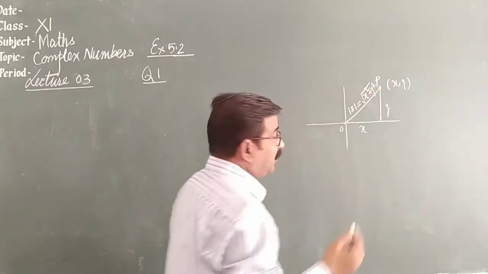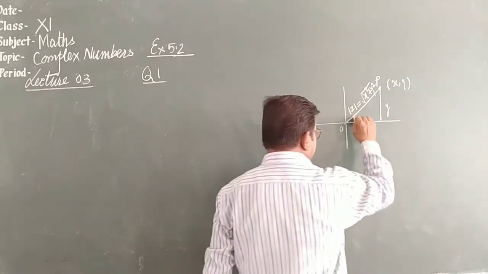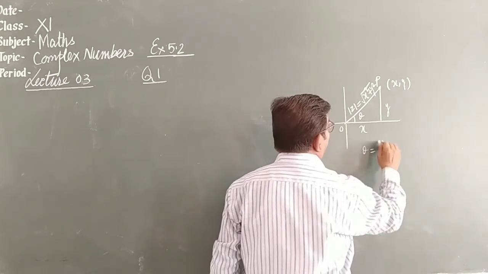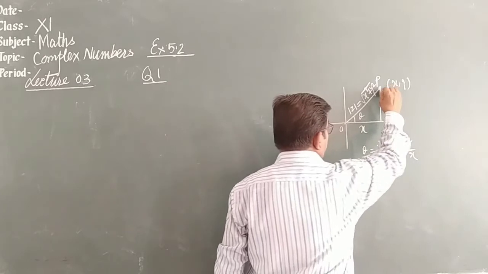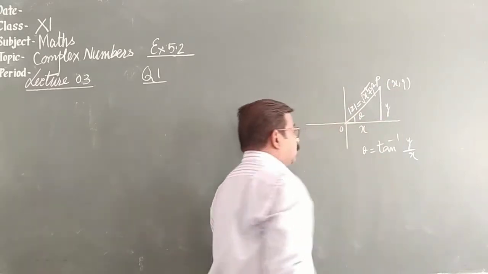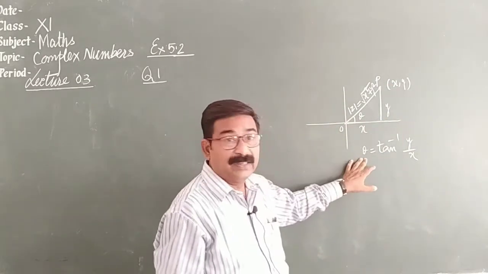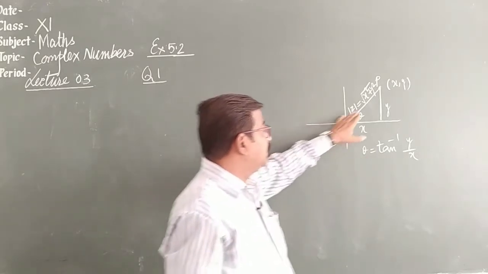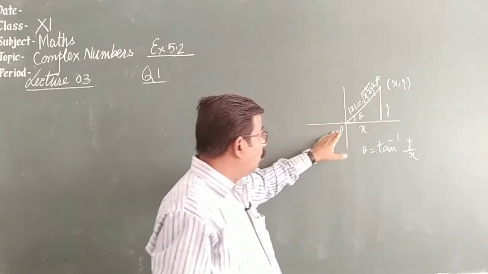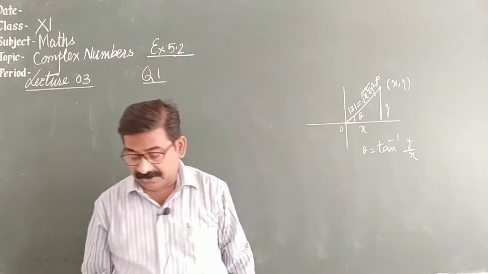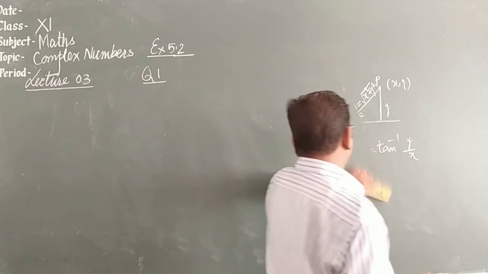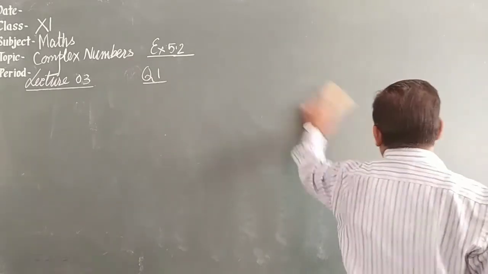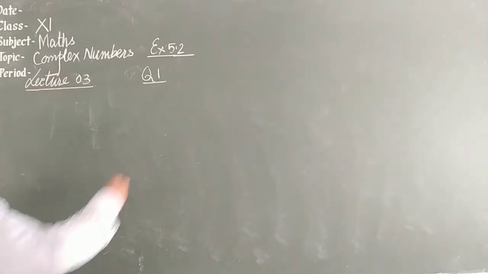Now in the previous question we have used this, and if this angle is theta, we have to find tan inverse y upon x in the triangle, perpendicular upon base, so we find the angle. The angle is called the argument and this distance OP is called the modulus. So in questions 1 and 2 we are asked to find the argument and modulus. Let's see question number 1.